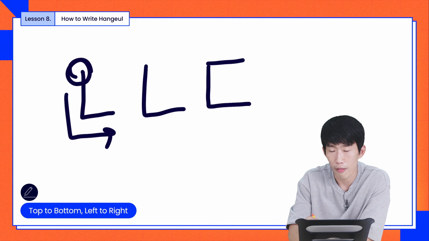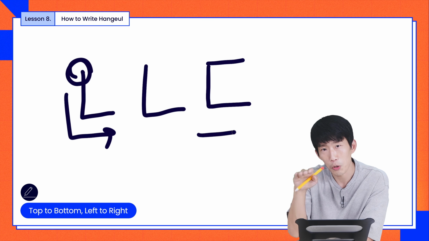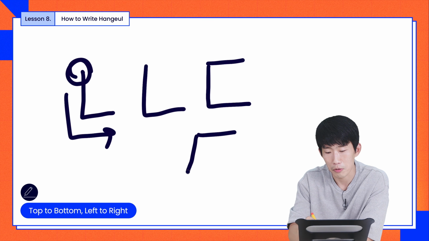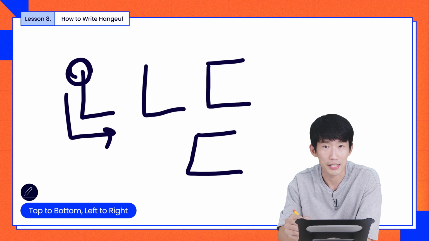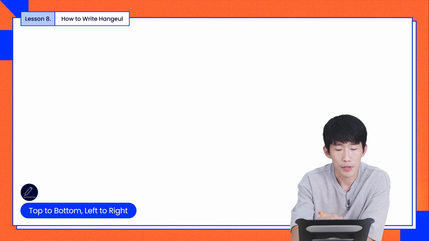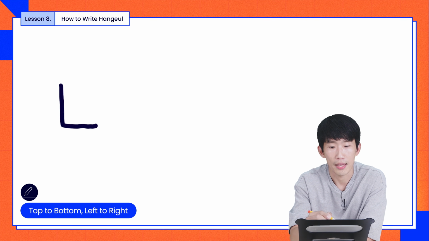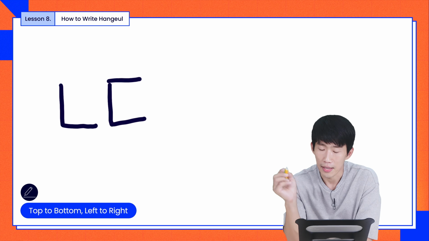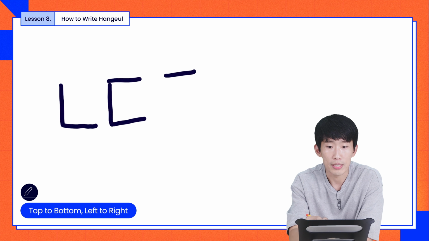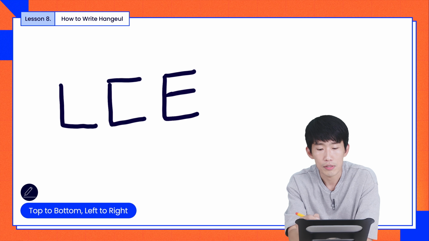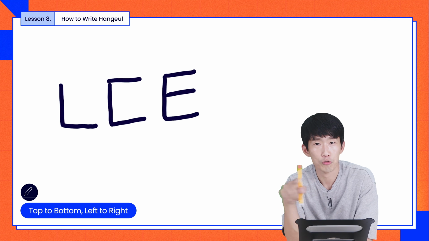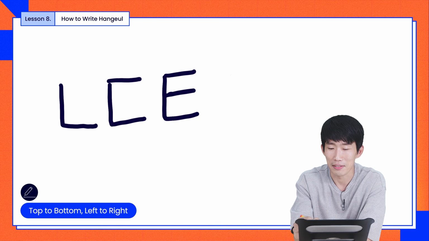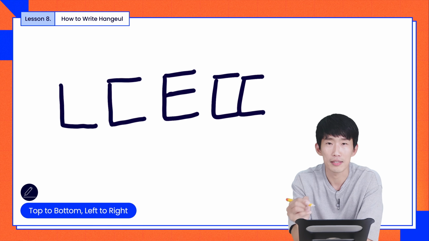So draw the top line horizontally and then write 니은, and you have 디귿. So once again, you went from 니은, then top first, and then you write 디귿, and then you go from 디귿 to 티귿, so you add the extra line in the middle, and then the double 티귿, 쌍티귿, is written like that.